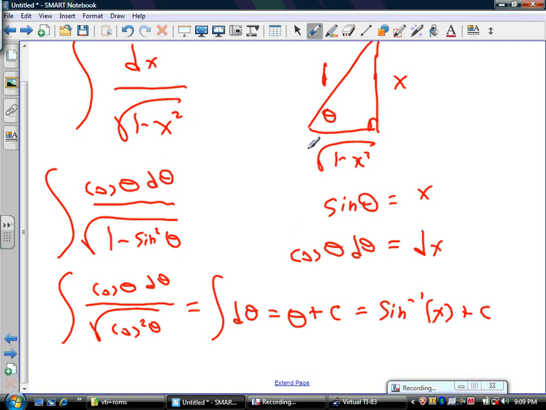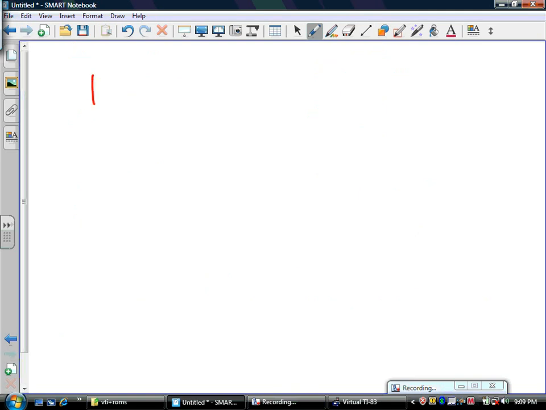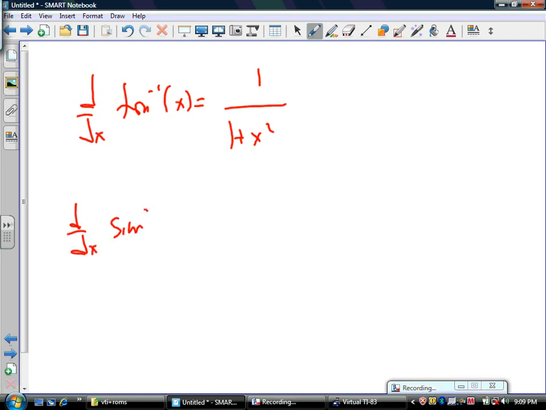So this antiderivative is arc sine, and the derivative of the arc sine is that. By the way, did we ever say the derivative of the arc sine? There it is. The derivative with respect to x of arc tan is 1 over 1 plus x squared. The derivative with respect to x of arc sine is 1 over rad 1 minus x squared.